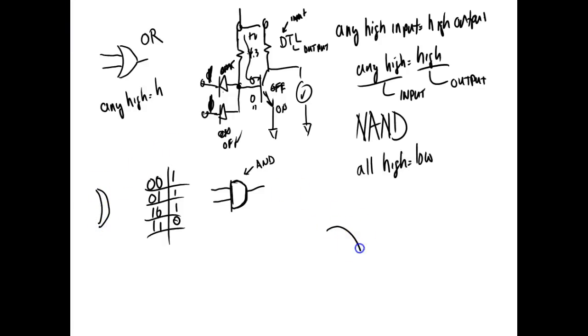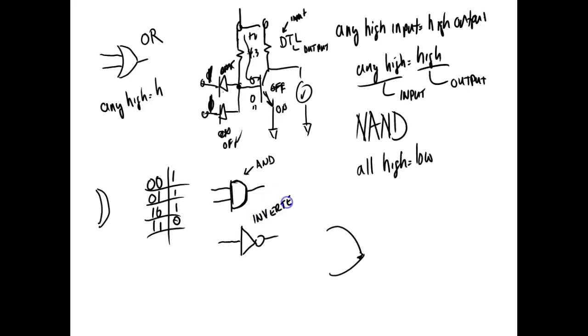An OR is like this, so it literally comes to a point like this. This is the only gate that has a single input and a single output. This is the symbol for an inverter.